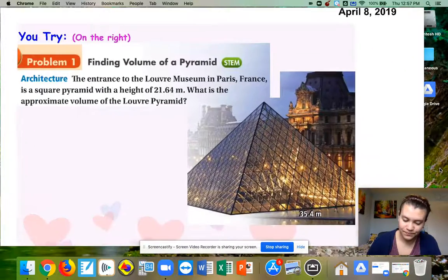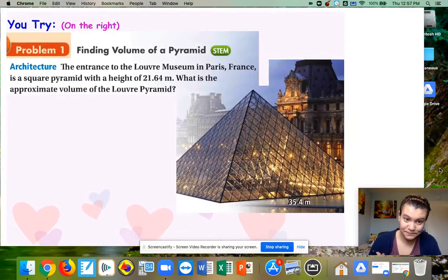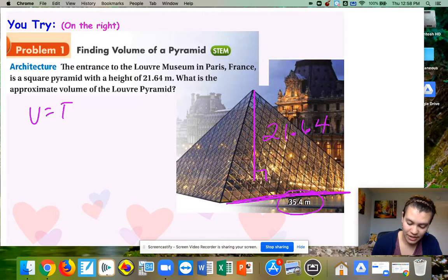So here's an example. You can try it, and then we'll talk through it. Here's this pyramid in front of the Louvre, and it's a square pyramid that has a height of 21.64. So if we come from the center straight down at a 90 degree, this is 21.64. And then here, one side of the base is 35.4. So we want the volume: 1/3 times the base area times the height.